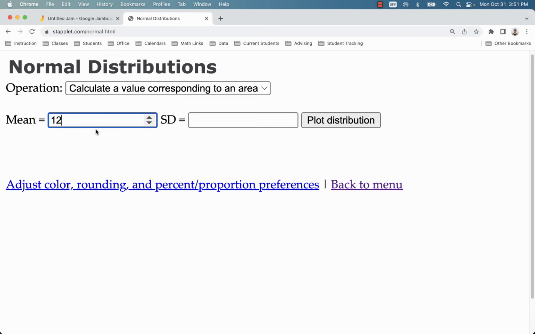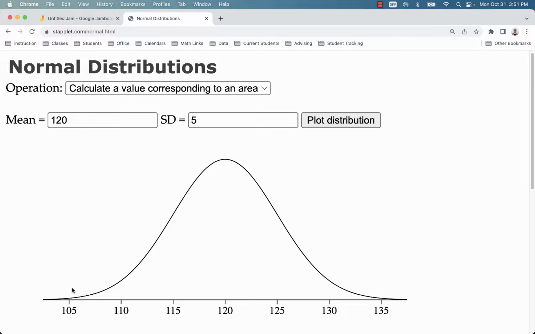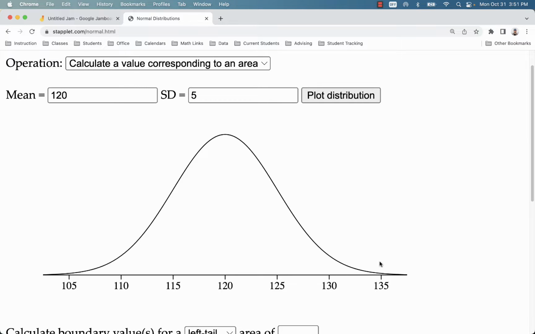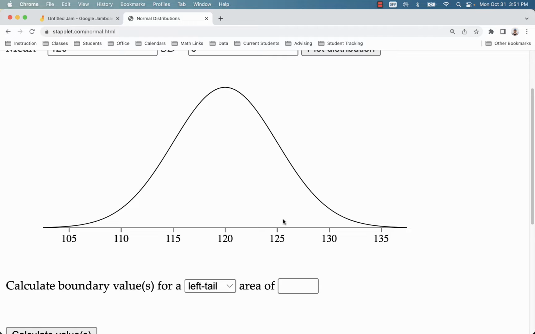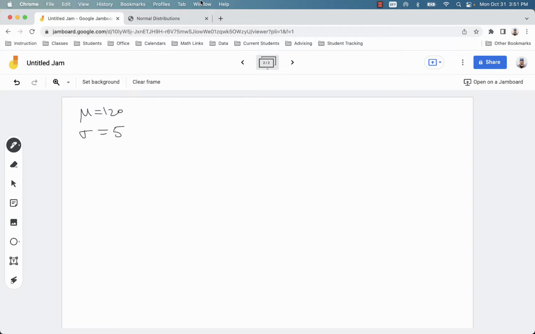For this example, I'll look at a mean of 120 and a standard deviation of 5, like I've used for other examples. And here we're going to be given a left tail or right tail percentage. So let's say, for example, I'm looking for the percentile score at the 87th percentile, P87.